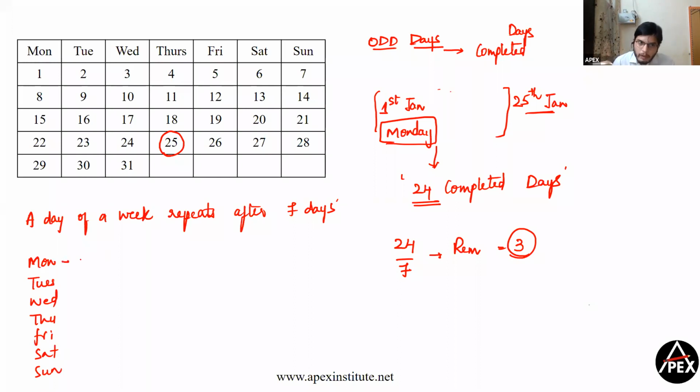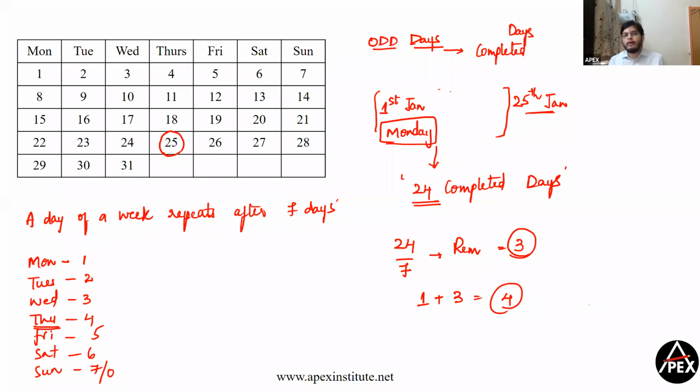Represent Monday with 1, Tuesday 2, Wednesday 3, Thursday 4, Saturday 6, Sunday 7 or 0. So Monday is 1, isn't it? Number of odd days is 3. So 1 plus 3 is 4, and 4 corresponds to Thursday. So I can say that 25th Jan will be Thursday.